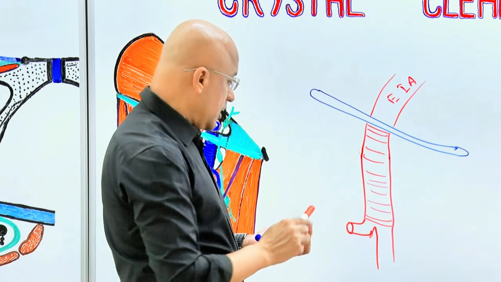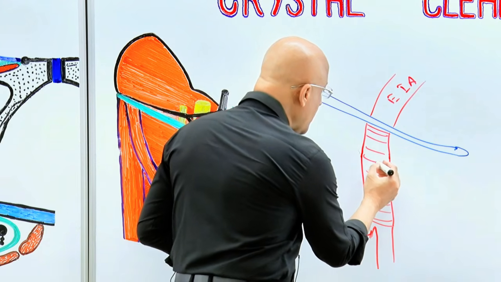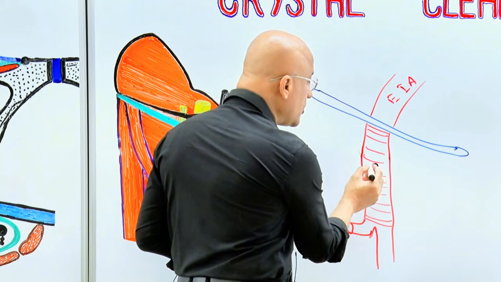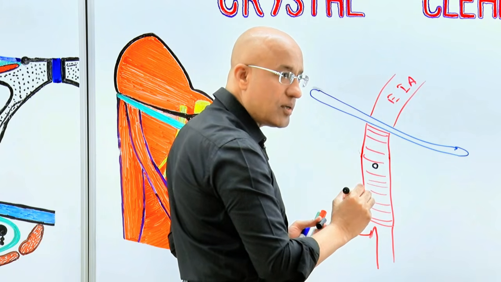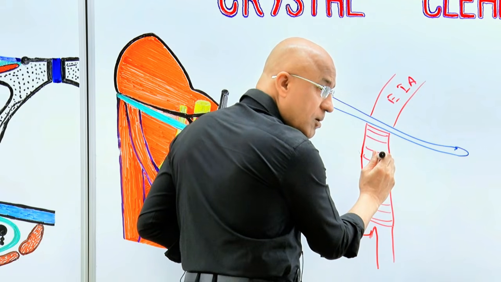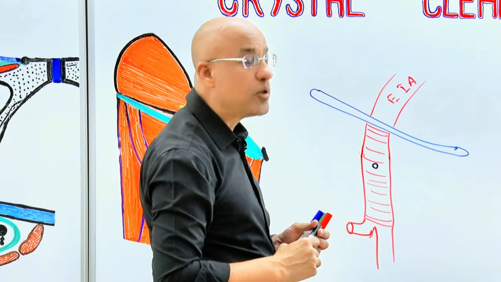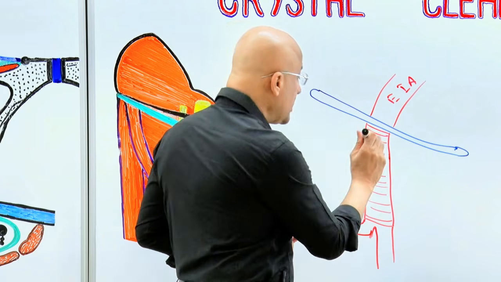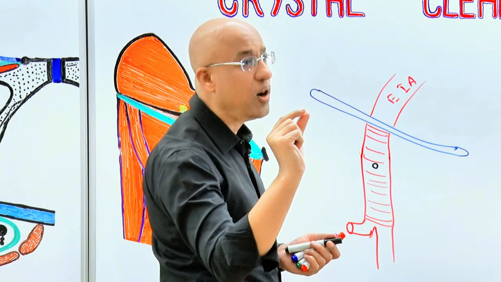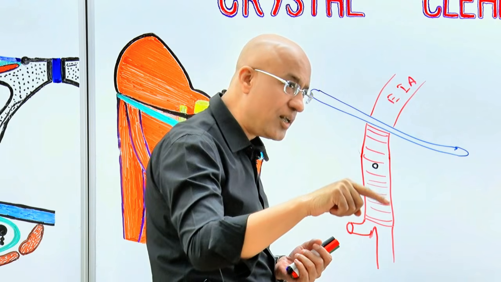Ideally you should puncture the artery in the center, not to the medial side, not to the lateral side. And preferably it should be a vertical puncture or slightly inclined, not too much inclined, because a vertical puncture makes a nice small hole which is easy to close post procedurally.